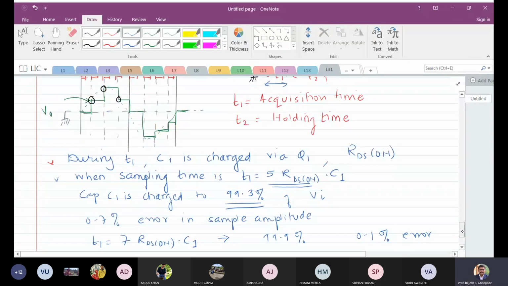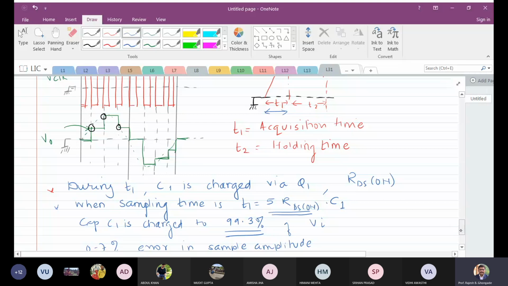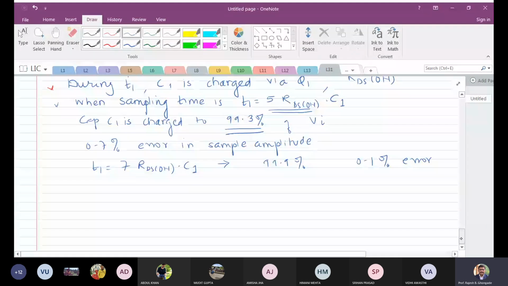The speed of sampling will be compromised. You understand that, guys? If I keep T1 more and the signal changes, then there will be a problem. So if I want to go for very high accuracy, the time T1, that is the sampling time, has to be more, and this puts a restriction on the speed of sampling. So many times you have to strike a compromise.